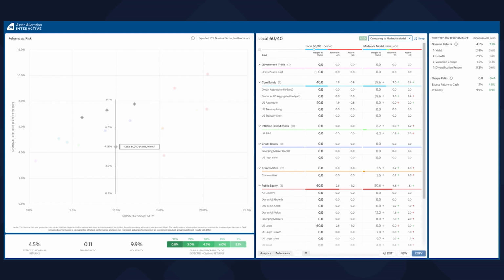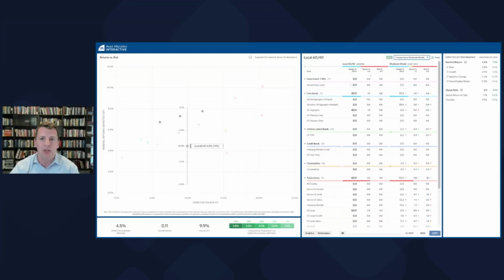Starting with US 60/40, we see a return expectation of around 4.5%. This may be lower than a lot of you might expect. The reason for the low return assumption is how expensive US equities are today, with the Shiller CAPE north of 30.